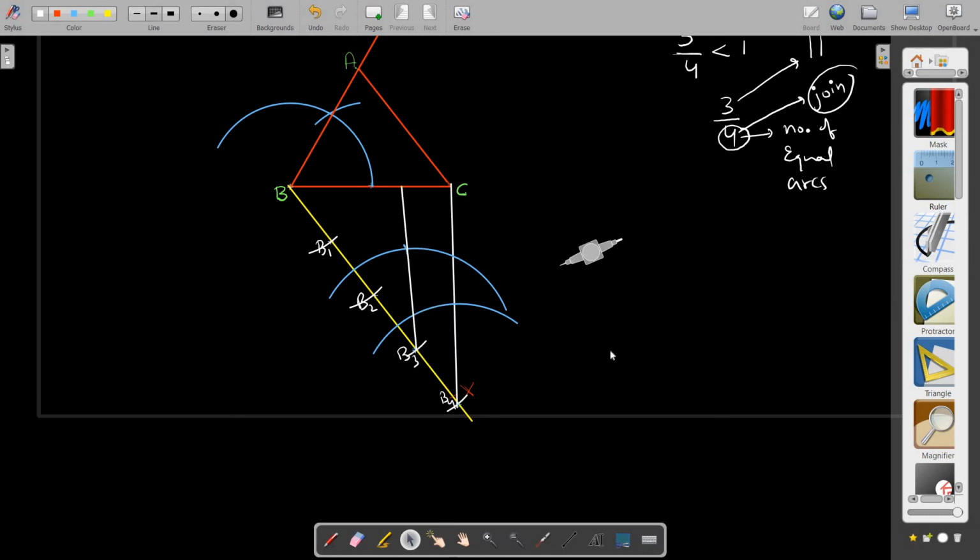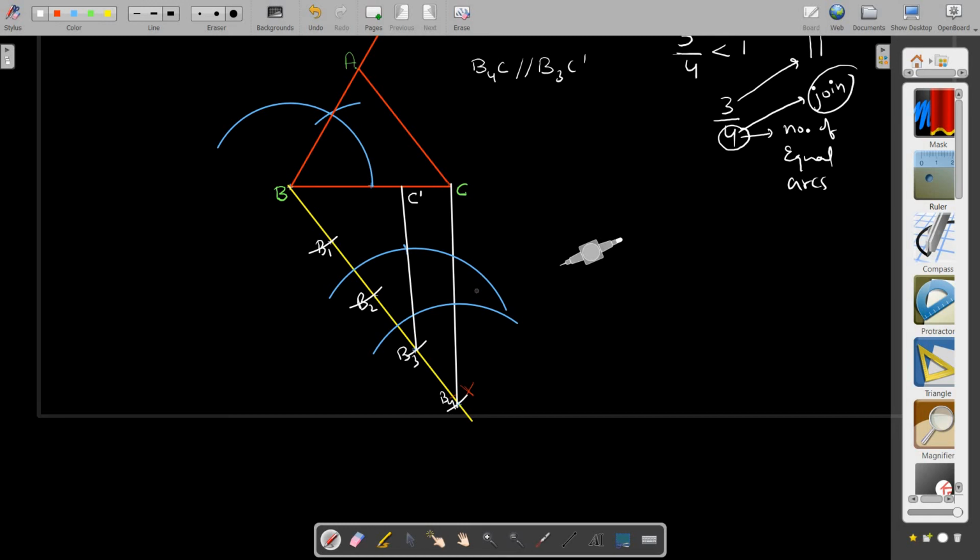This point is C prime. So here by construction we have B4C parallel to B3C prime, right? B3C prime is parallel to B4C because we have constructed equal corresponding angles.